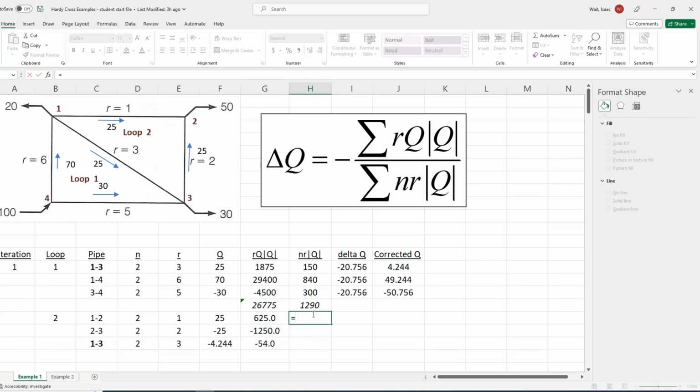Okay, n times r times absolute value of q. And now I need to find the sums.